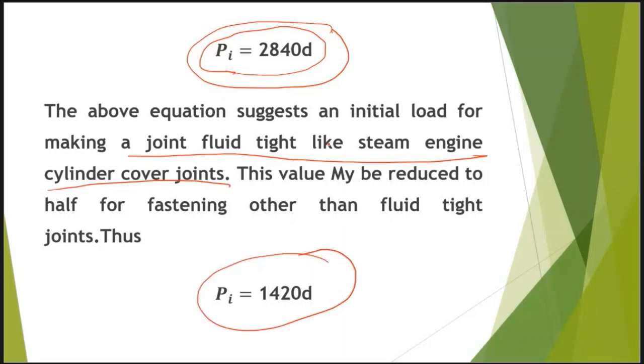So if the joint is for fluid tight applications, the initial tightening load is 2840D, and for other applications other than fluid tight joints, the initial tightening load is Pi equal to 1420D, where D is the nominal diameter of the bolt.